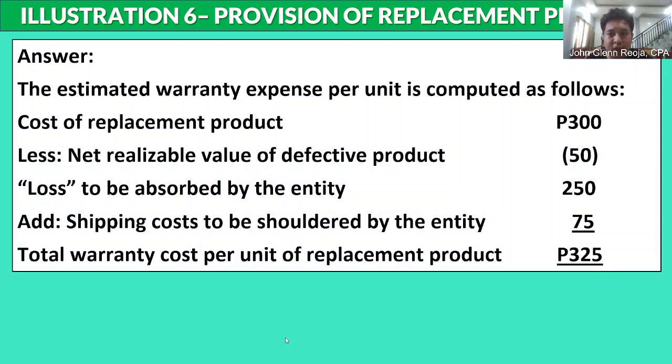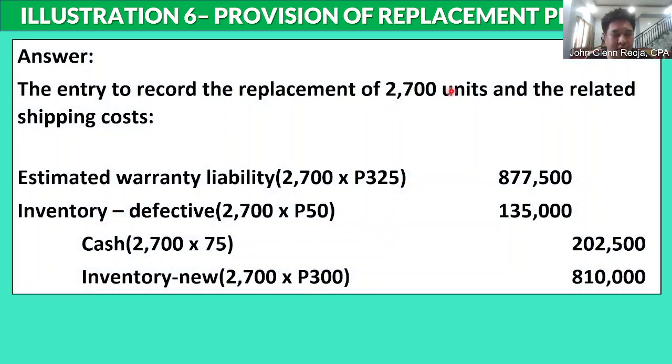And then, the entry to record the replacement of 2,700 units and the related shipping costs. We have an actual replacement. So, we credit inventory new, 810,000, since we gave that to the customer. And then, we credit cash for the total shipping fee, 2,700 times 75. And then, we debit inventory defective, 2,700 times 50, its NRV.